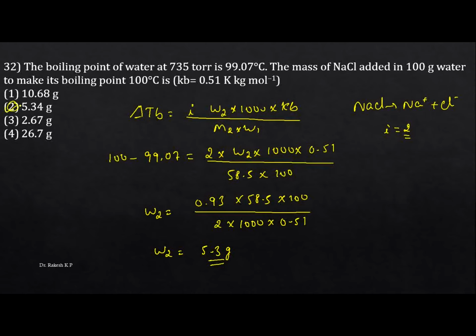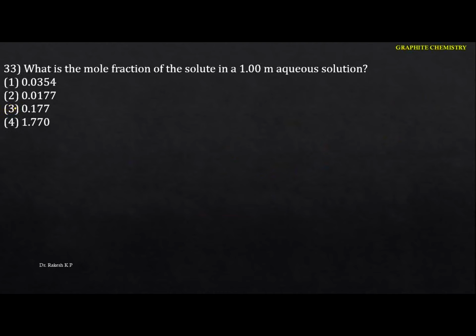Okay, so next one. What is the mole fraction of the solute in a 1.00 molar aqueous solution? So let me take the mole fraction of the solute, which is equal to the number of moles of solute divided by the number of moles of solute plus the number of moles of solvent.